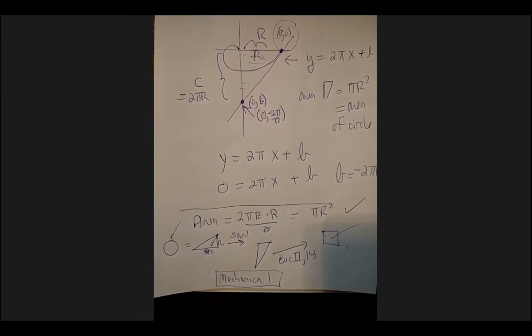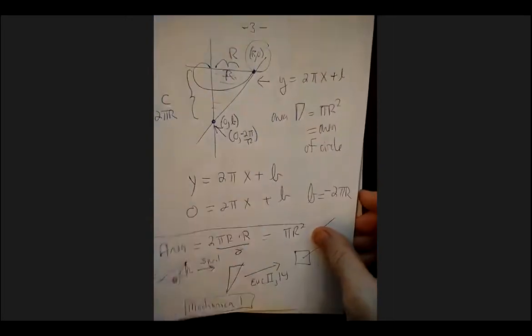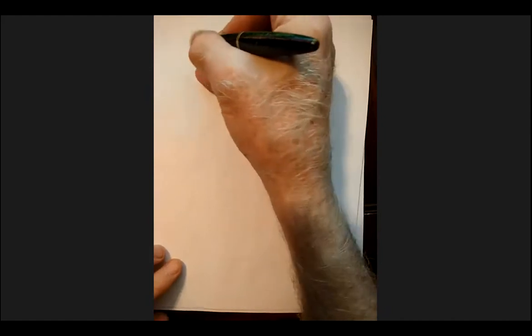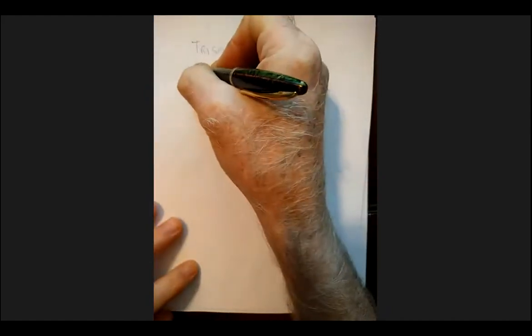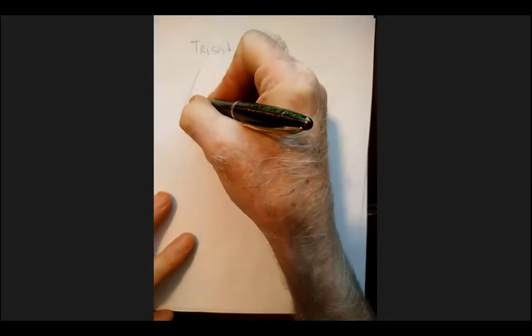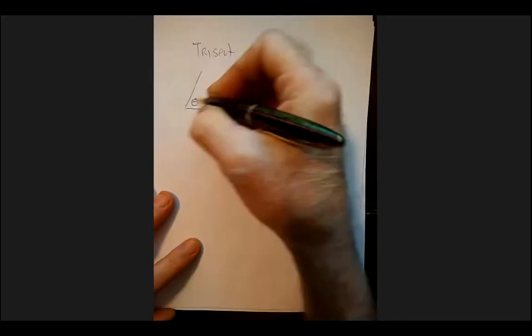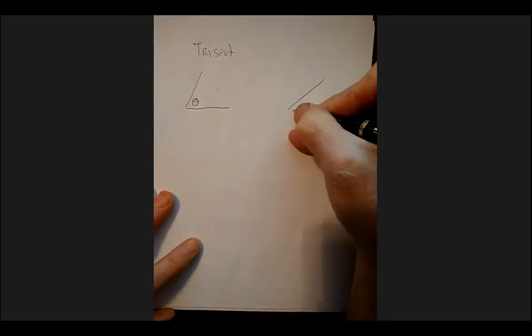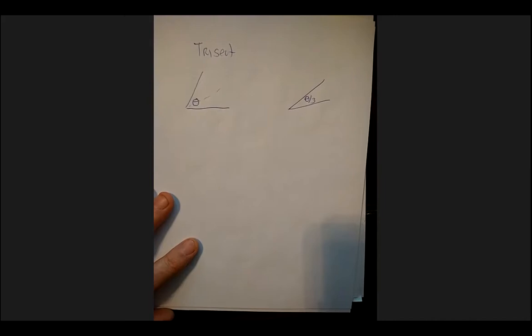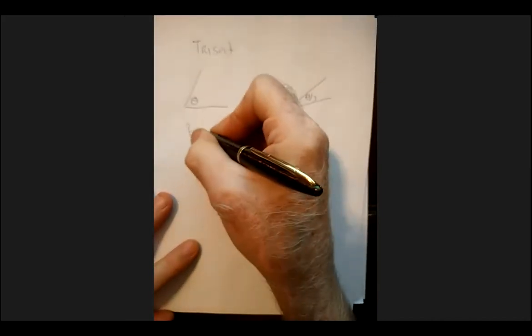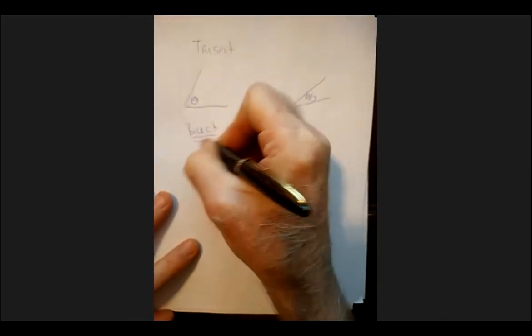Okay, so what I want to do next is trisect the angle. To trisect an angle, you take a given arbitrary angle, and you construct an angle that's equal to theta over 3. Now, you can bisect. It's a very simple thing to bisect.